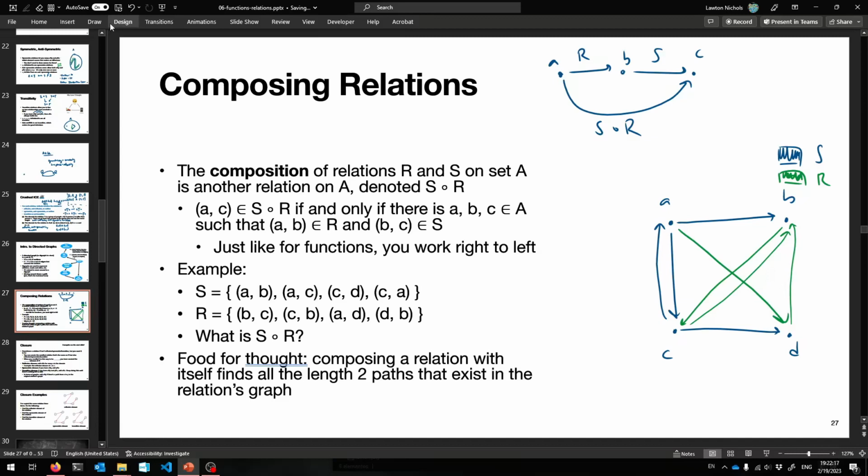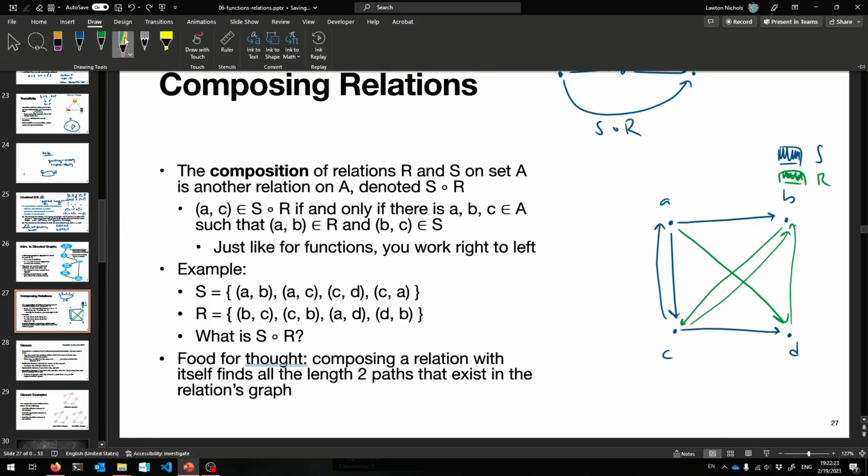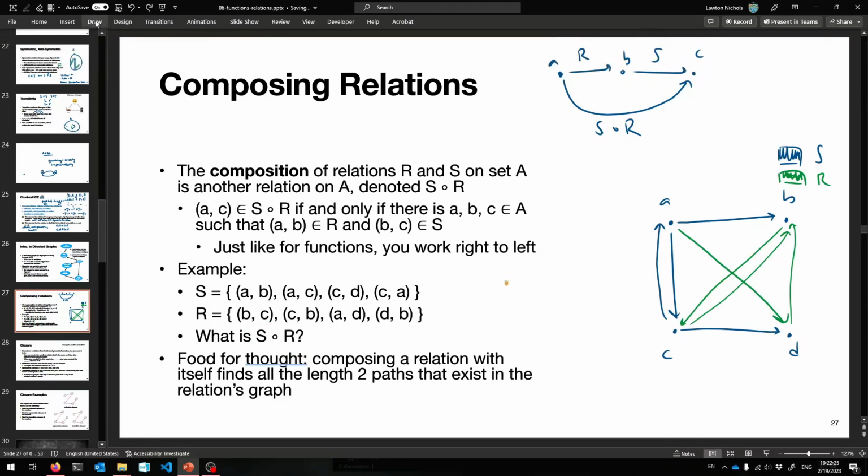And so now the question is, what is S composed with R? I'm going to have to redraw the whole idea. So I'm going to use rainbow for the composition. A, B, C, D again. The idea is, you start asking the question, is A related to B under the composed relation? By doing R first and then S. Is there a way to get from A to B?